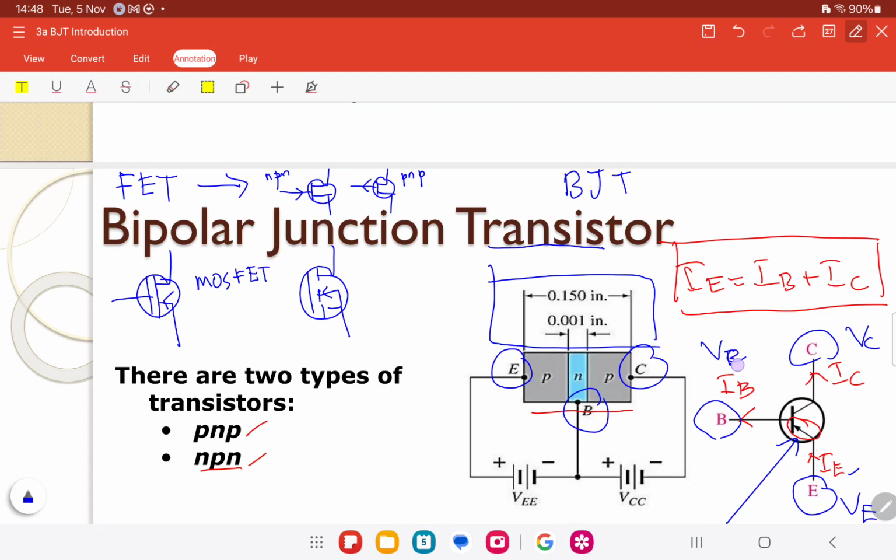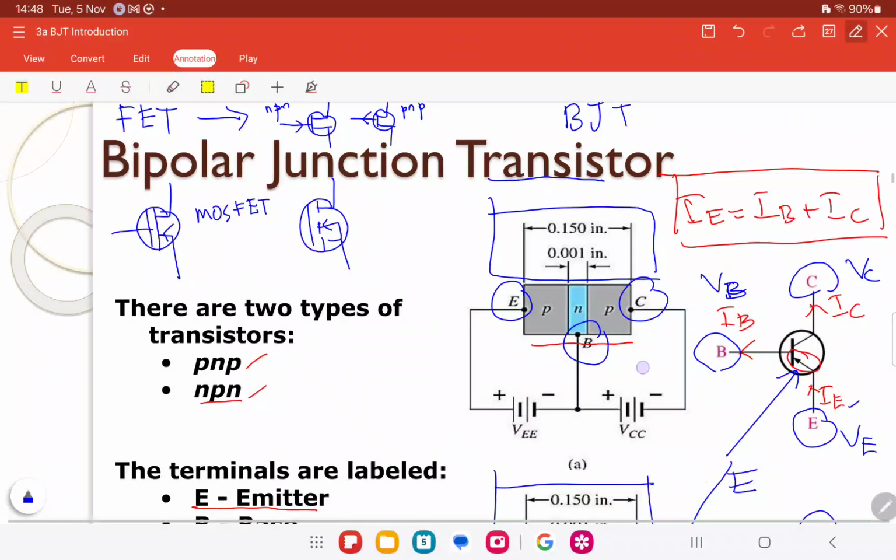Sorry, this one VB lah. Okay, so kalau IB is the thinnest, paling nipis, meaning that IB ini keluar sebab IE akan masuk, so IB akan keluar.